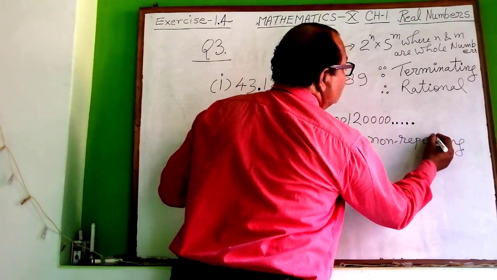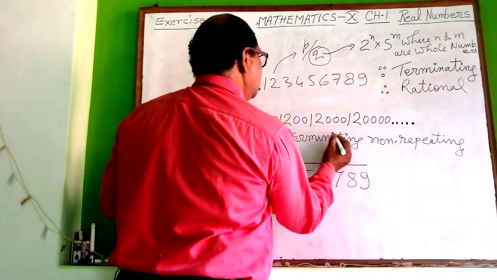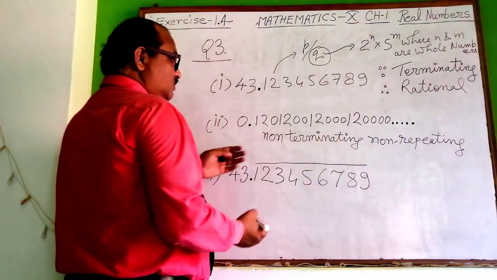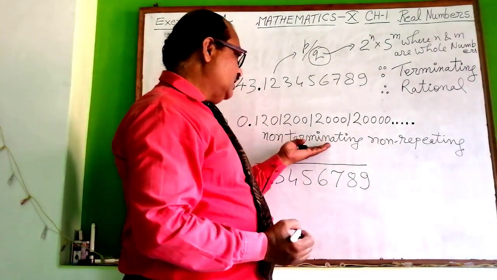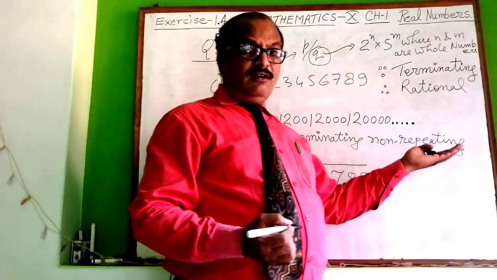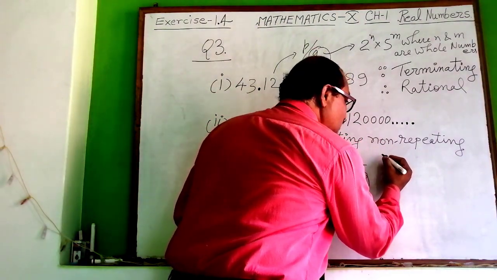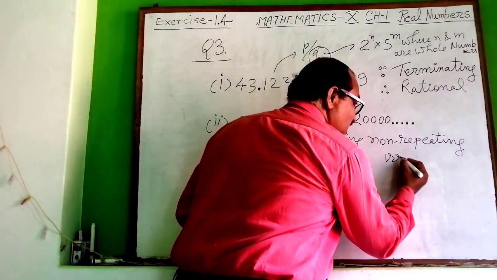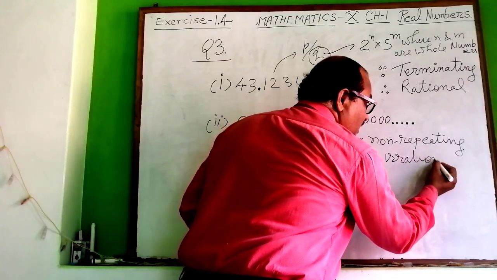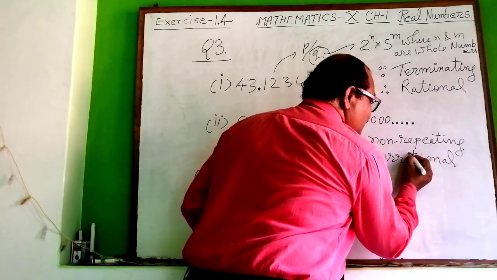So you can say this number is not rational. You can easily see that non-terminating, non-repeating numbers are not rational, or you can say irrational. So this number is irrational.